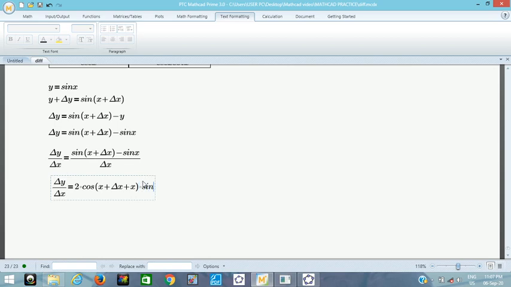Then sine, open bracket, A minus B, which is x plus delta x minus x. Then don't forget this bracket, we are going to divide by 2.